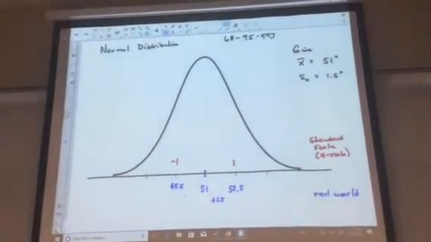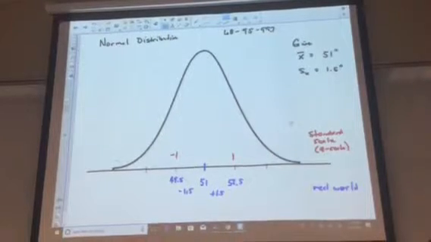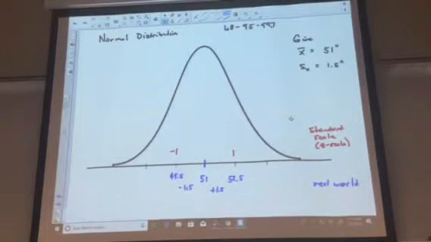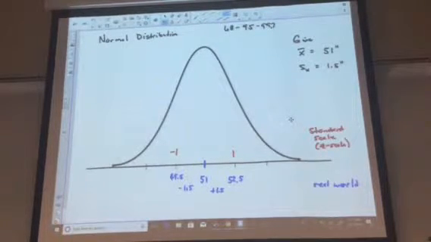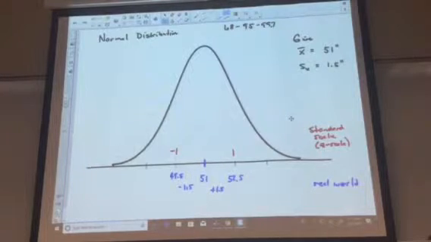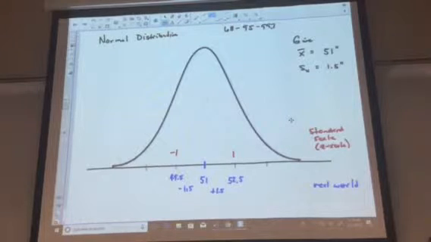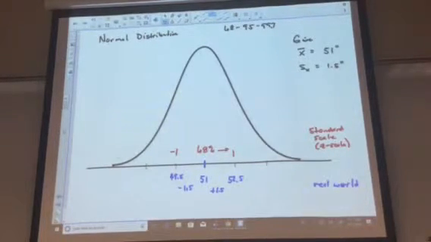So you could actually create the real world values on any scale that you were given if you knew what the central value was and what the standard deviation was. And that's going to allow you to answer every question that we ask about standard scale, standard deviations, and normal distributions. And what that would tell me now is that inside here is where I expect to see 68% of all of the data.